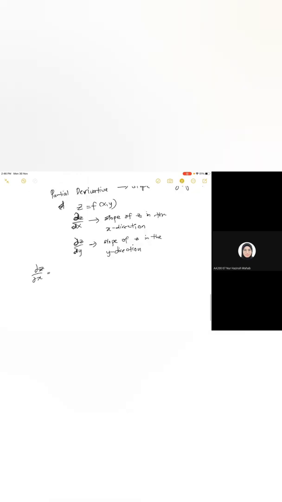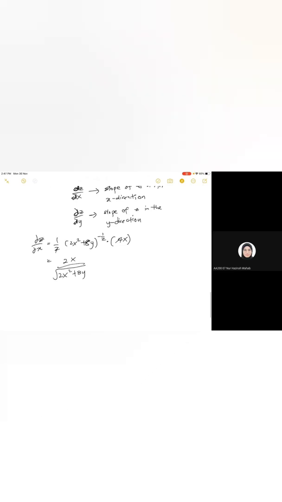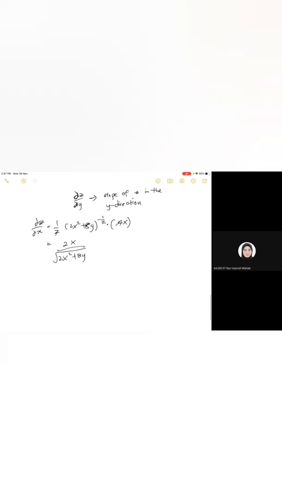Okay. Kan kita ada 2x tambah 8y. So 1/2, 2x plus 2 tambah 8y. Negatif 1/2, bezakan kat dalam tak ada x, dapatlah 4x, 8y jadi kosong. So it will be 2x over 2x squared plus 8y square root. Okay, now the question gives you a point, right?